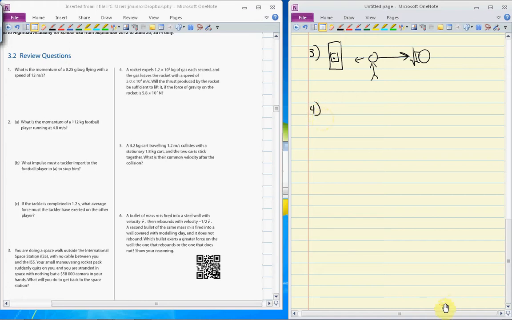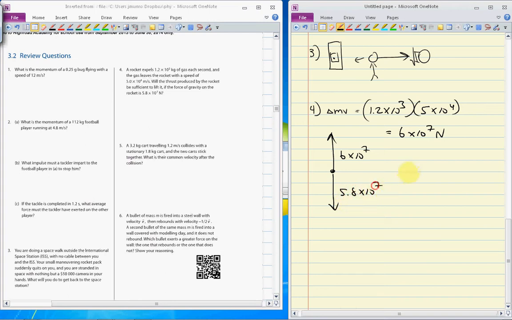In number 4, we have this rocket, and since the change in momentum, delta mv, is equal to 1.2 times 10 to the 3 times 5 times 10 to the 4, or 6 times 10 to the 7 newtons, and it tells us that the force of gravity pulling downward is 5.8, that will be enough, because we have 6 times 10 to the 7 acting upward and 5.8 times 10 to the 7 acting downward.